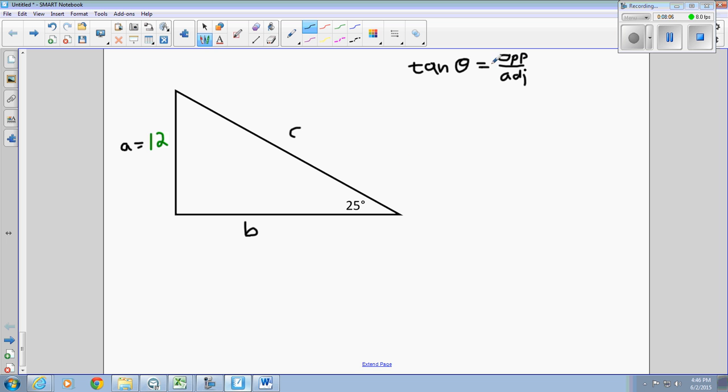Okay, so we know our angle, so tangent theta is tangent of 25 degrees. That's equal to the opposite side, which is 12, over the adjacent side, which is B, unknown. I don't know what B is, but I can solve for B. We take tangent of 25 and we punch that into our calculator.